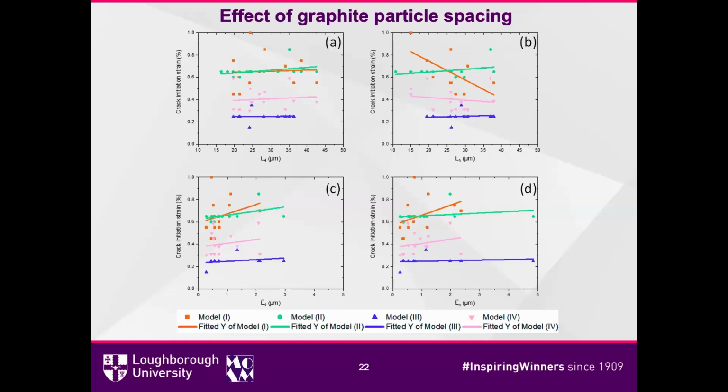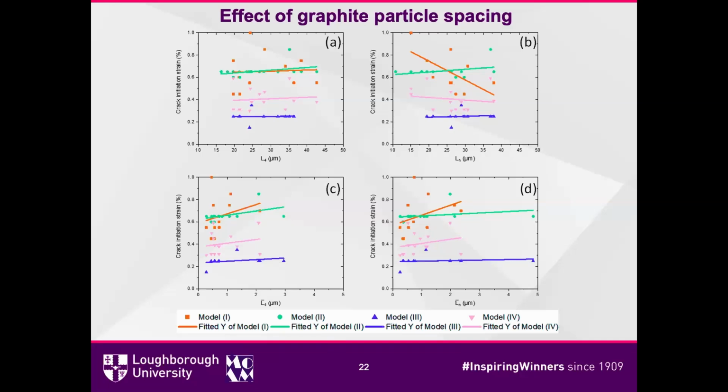And also, if we compare figure A and figure B, we find this indicates that with the increase of the distance between the graphite particles, the crack will initiate earlier, which is wrong, because if two graphite particles are close to each other, the stress concentration will be more pronounced in the realistic part.